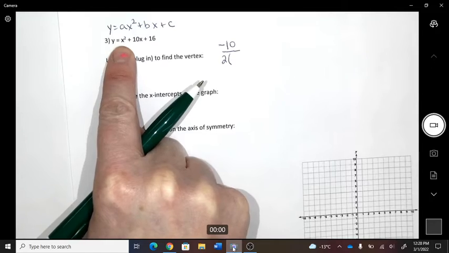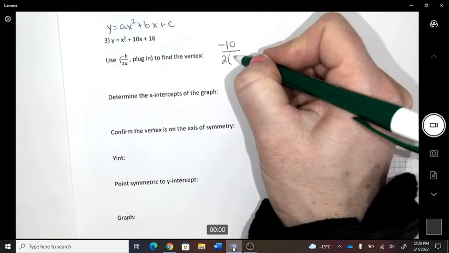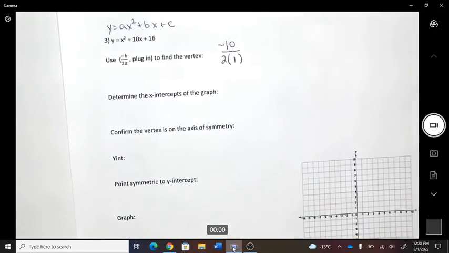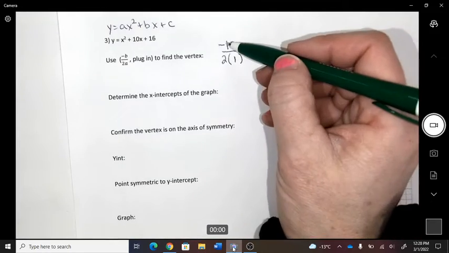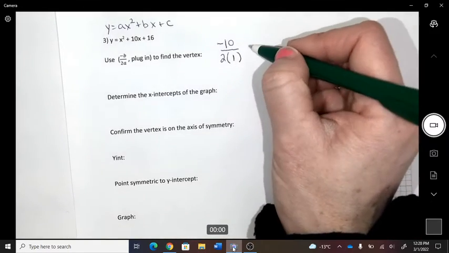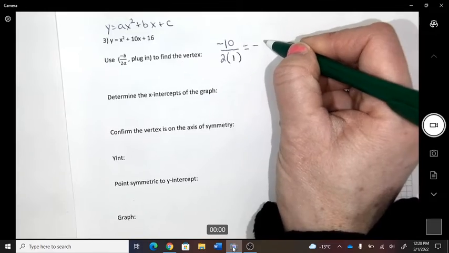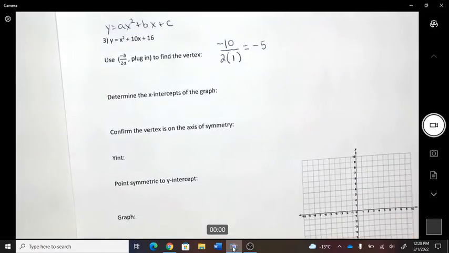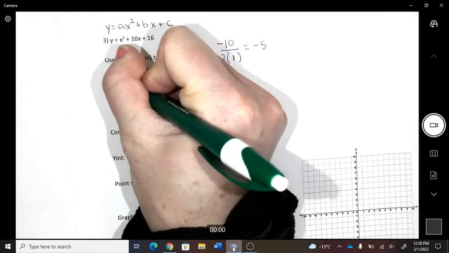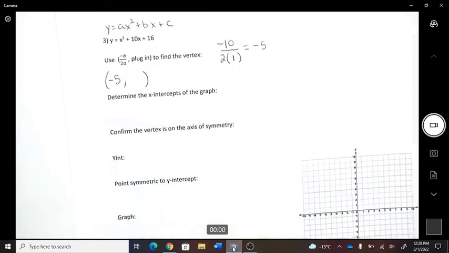How many x squareds? Just 1. So negative 10 divided by 2 is negative 5. So your vertex is negative 5 comma something.